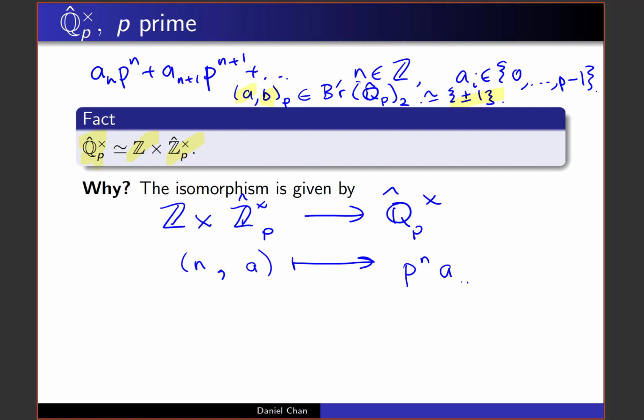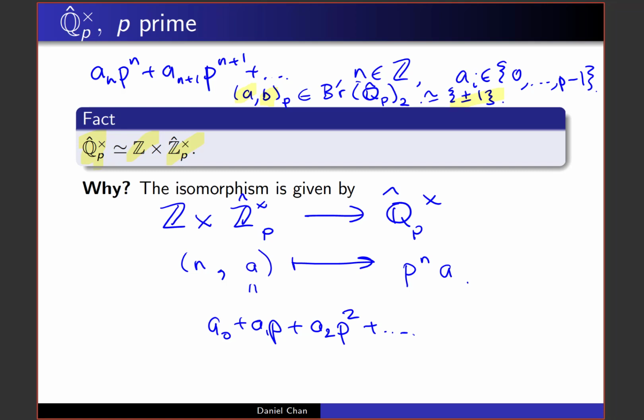So why is that? What does it mean to be a unit inside Z hat P? Well, it just means that when you write this p-adic number out, it's a p-adic integer, so you can write it as a power series: a0 plus a1 p to the 1 plus a2 p squared, plus so forth.